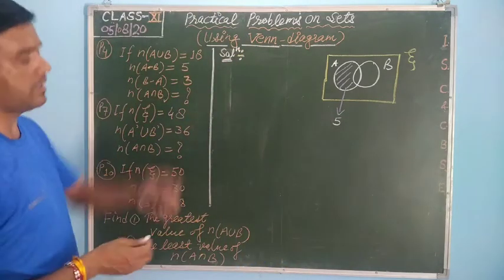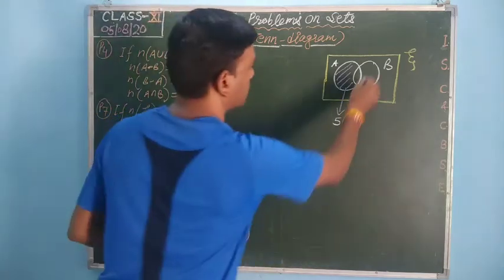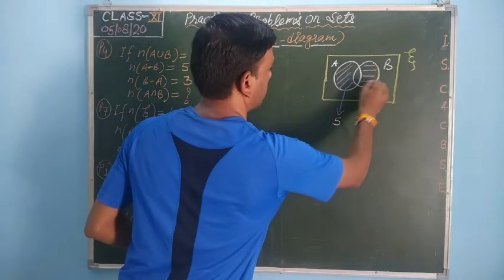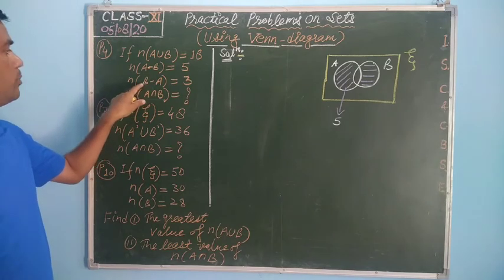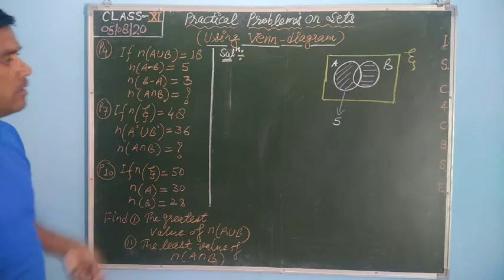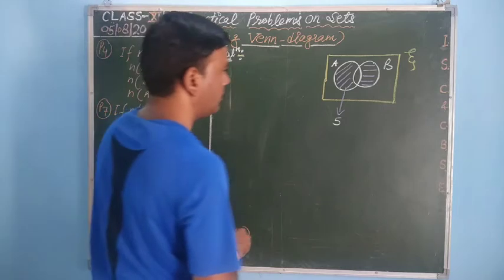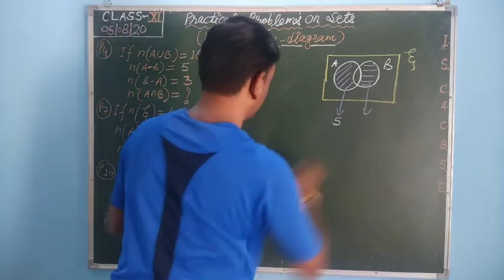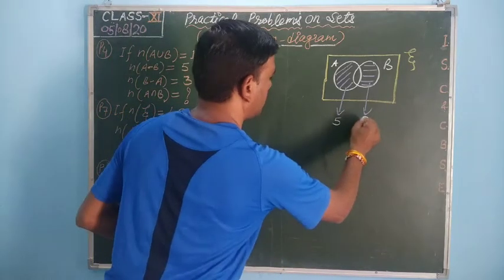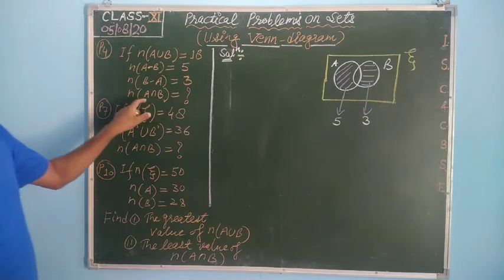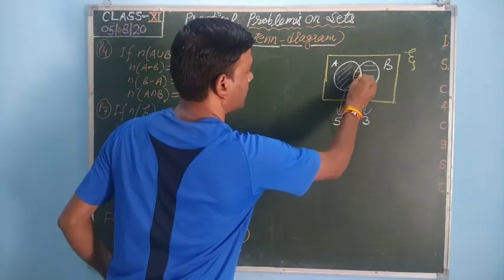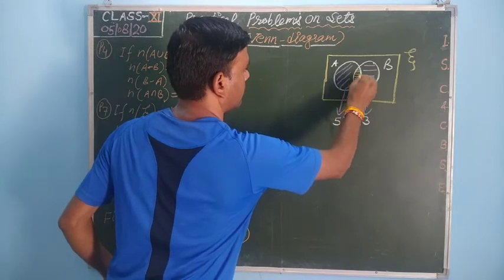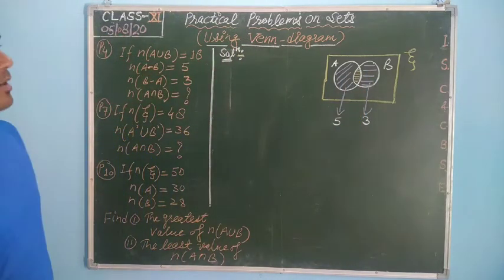Similarly, n(B minus A) is this portion. n(B minus A) means those elements which belong to B only, not A. So this is equal to 3. And then you have to find the value of A intersection B. It means the remaining portion. This portion is what remains, and this is A intersection B. You have to find that.